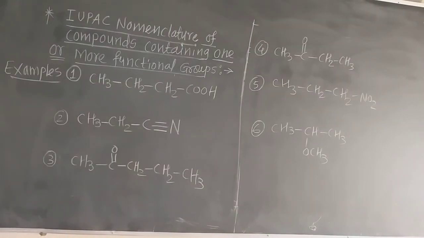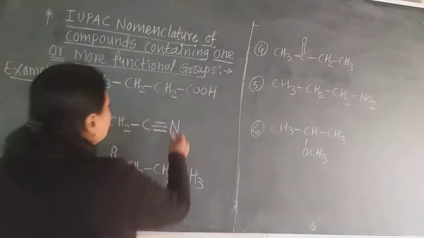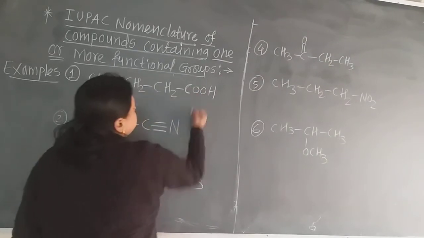Now see the first example. We know that it is a carboxylic acid. Give the numbering from that side which has the carboxyl group nearest in the straight chain alkane. So how is the numbering given? From this side the CO group is nearest.